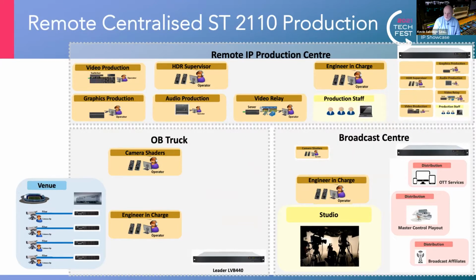And now we're starting to see some of those services from the broadcast center also migrate into the remote production center. So with the LVB440, the engineer in charge has the ability to monitor everything that's going on inside the truck, inside the production center, and within the broadcast center.